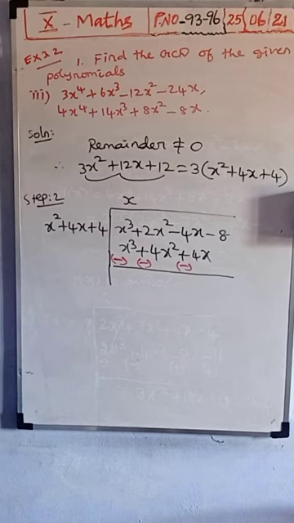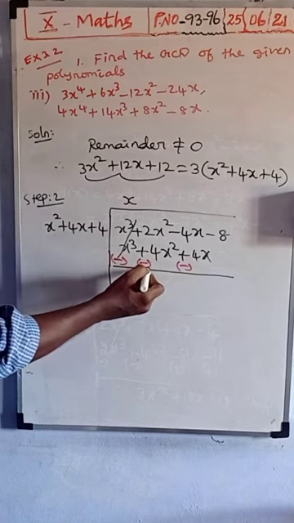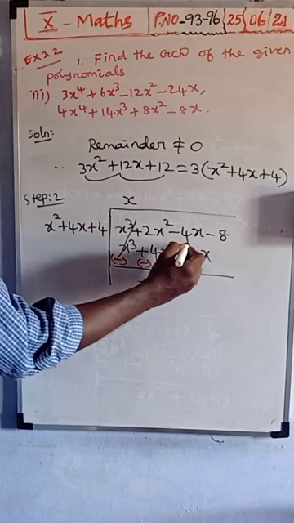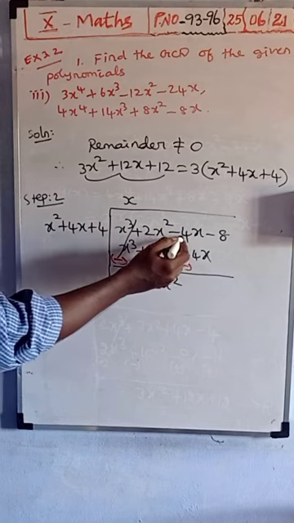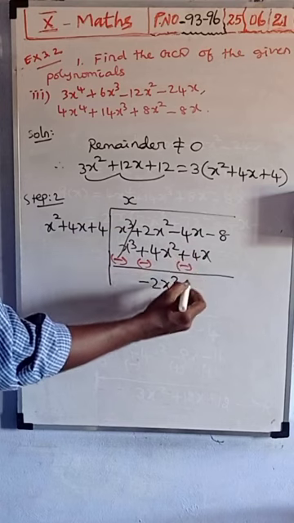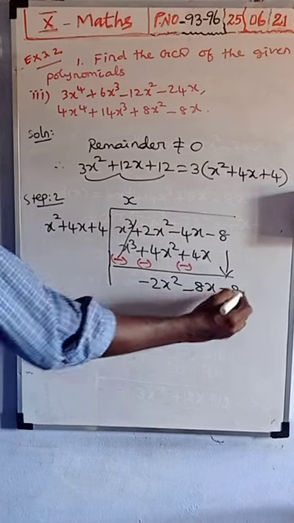Now x cube minus x cube cancels. Minus 4x squared plus 2x squared leaves minus 2x squared. Carefully: after changing the symbol, minus 4x minus 4x is minus 8x. Then the constant term comes down, minus 8.